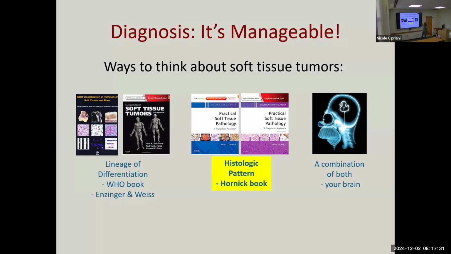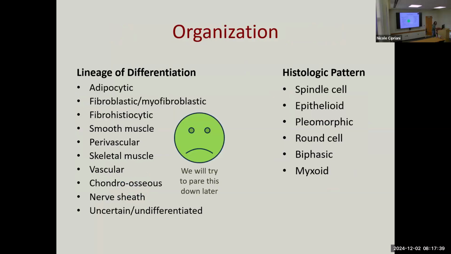Otherwise, lineage of differentiation, histologic pattern, and then we put it all together, right? Because we have grades. Okay. So lineages of differentiation include things like adipocytic, fibroblastic, myofibroblastic, quote unquote fibrohistiocytic. What this really means, I don't know.